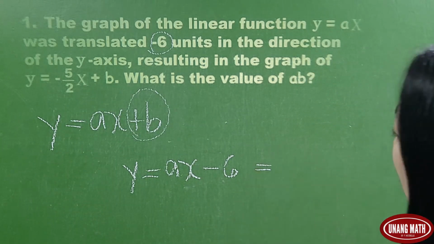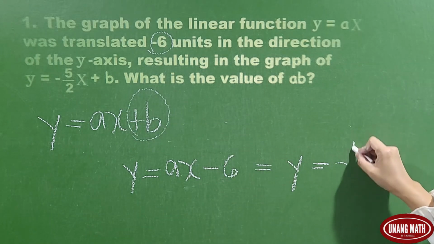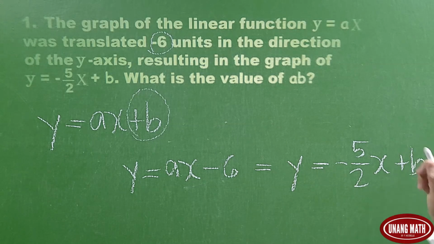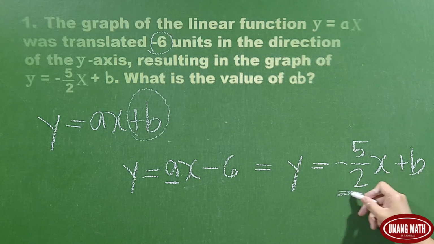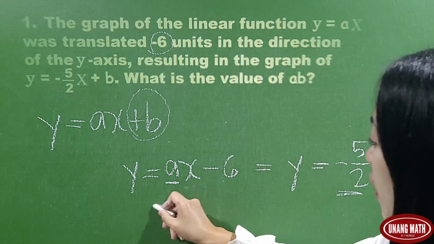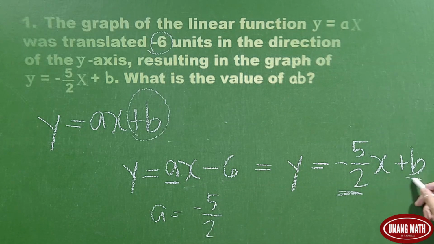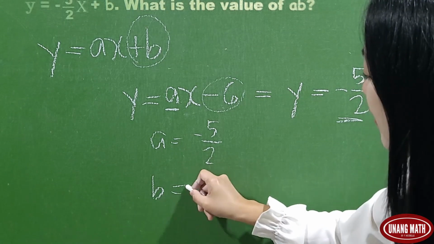So this is equal to y = -5/2 x + b. It means a is -5/2, and b is -6.